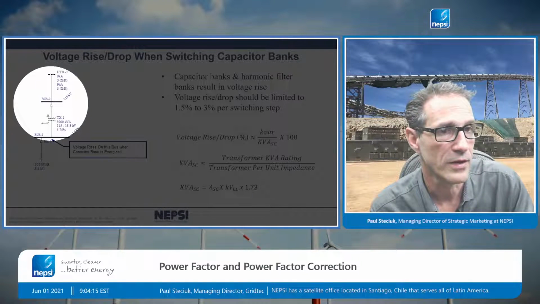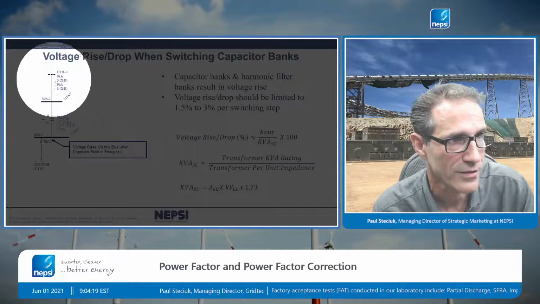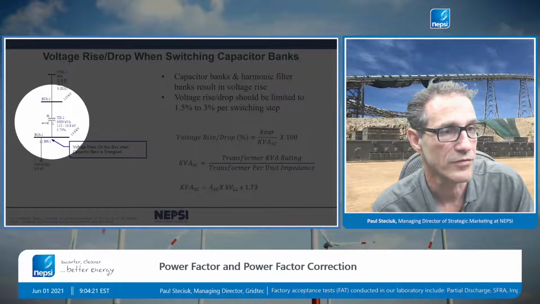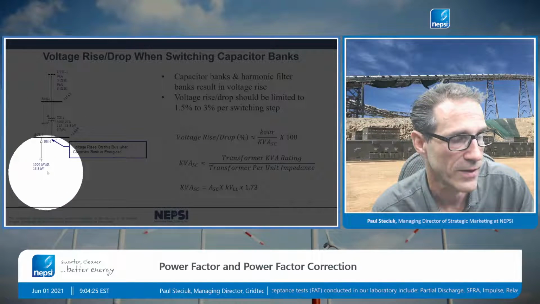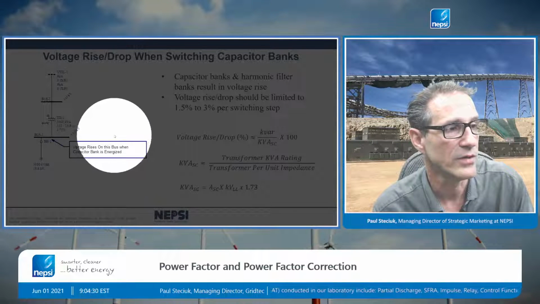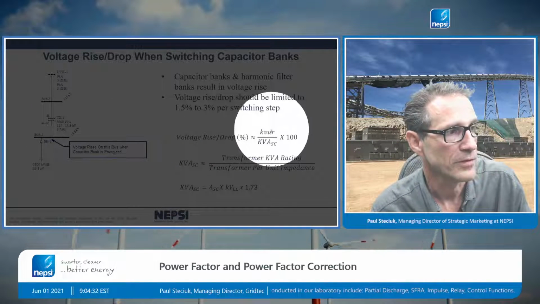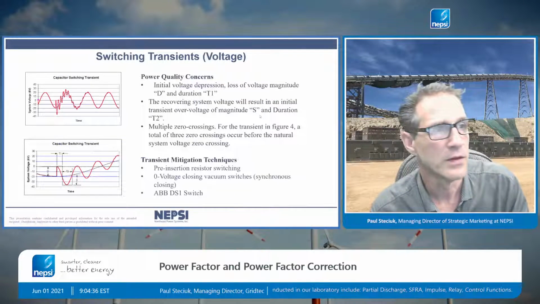And really we're talking about I times X. I, the capacitor bank current, times X of the source impedance gives you voltage, right? And that's the voltage rise I get here. So if I switch a capacitor bank here, I get a voltage rise at this point every time I switch a step in. That's calculated with this formula here. So very, very simple calculation.